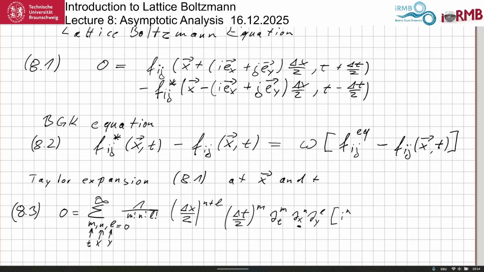And then we have j delta x half in y also, but then with L. This is why I put both of them up here. So j and L, and this goes into f_ij. I'm not writing the coordinates again, but this is the expansion of this thing here.